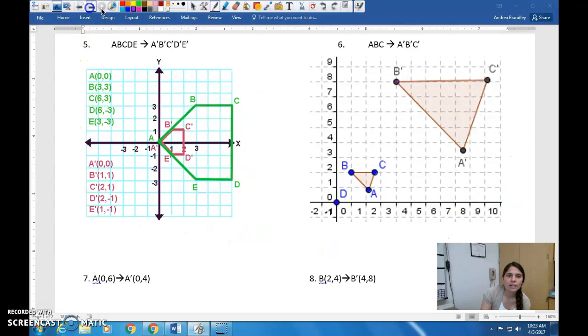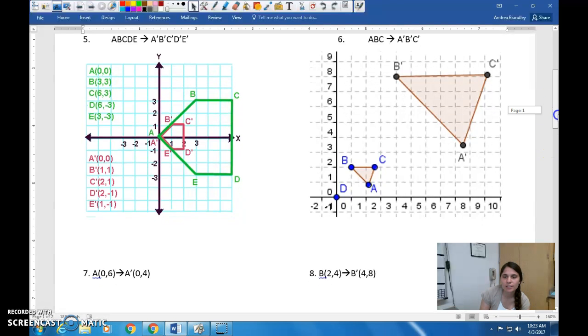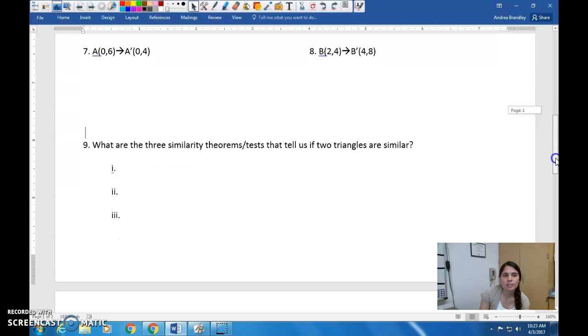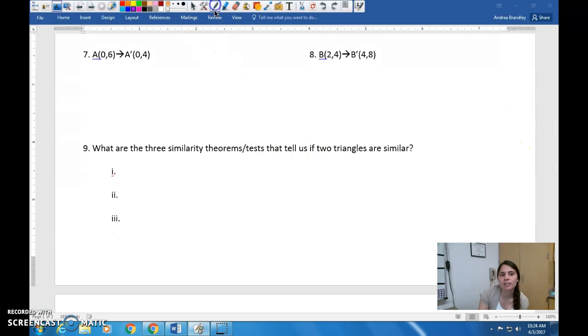On numbers 7 and 8, we're just given one point and how it changes instead of being given the pictures. So from (0,6) to (0,4), well, that's definitely getting smaller, so that's going to be a reduction. And then to find my k, I could try and take my 0. 0 times k is going to equal 0, but that's not very helpful because this could be literally any number.